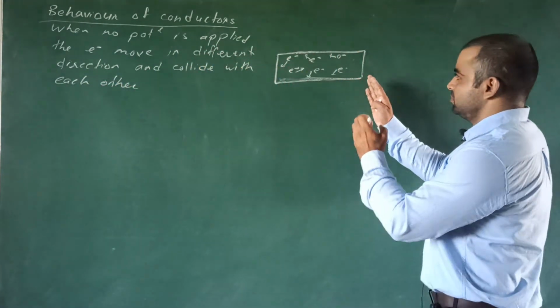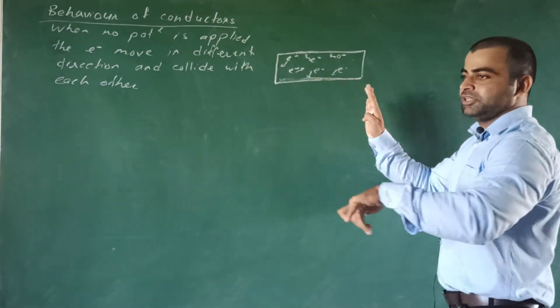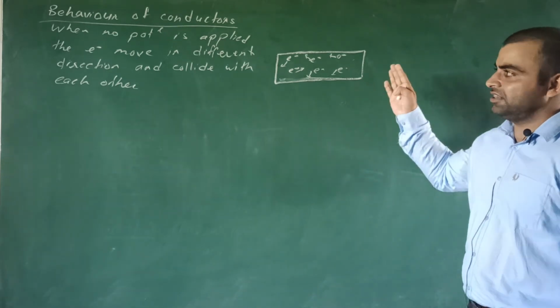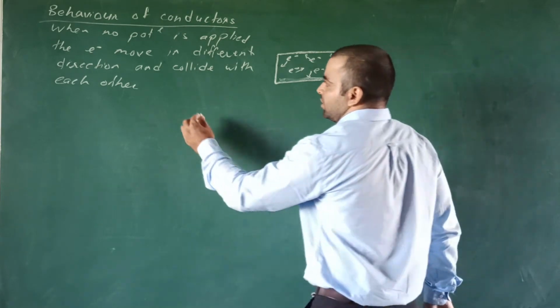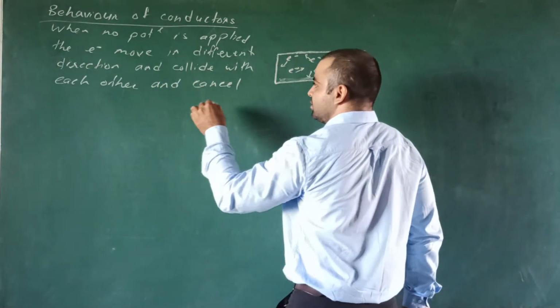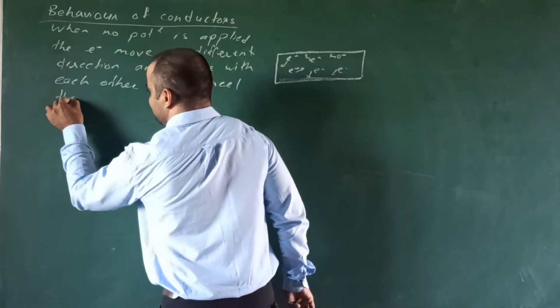If electrons go in different directions, they will collide with each other and cancel their motion.